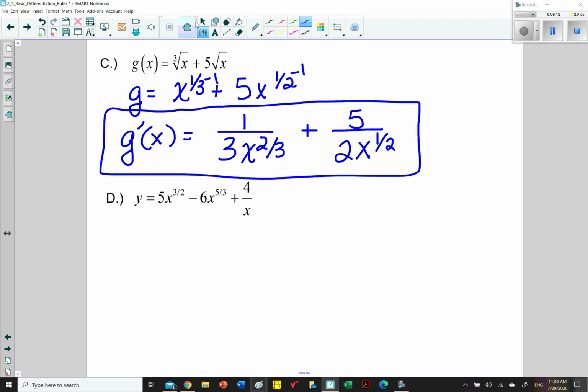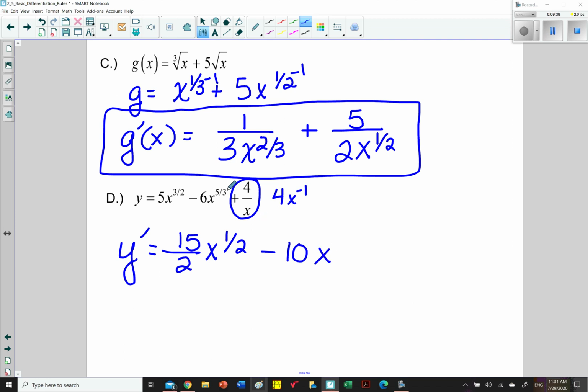And then lastly, we have several things going on. Remember, this is 4x to the negative 1, this little term right there. So y prime is 5 times 3 divided by 2. And then take 1 off of 3/2 is a 1/2. 6 times 5 divided by 3.